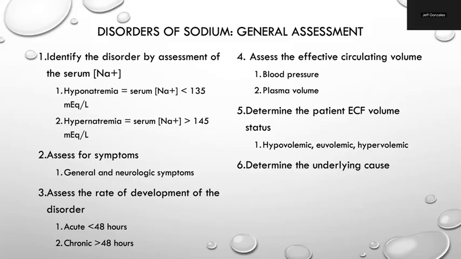If it's greater than 48 hours, it will be classified as chronic. Assess the effective circulating volume, the blood volume, by blood pressure and plasma volume assessment of the patient. Determine the patient's extracellular fluid volume status as hypovolemic, euvolemic, or hypervolemic, and then determine the underlying cause.